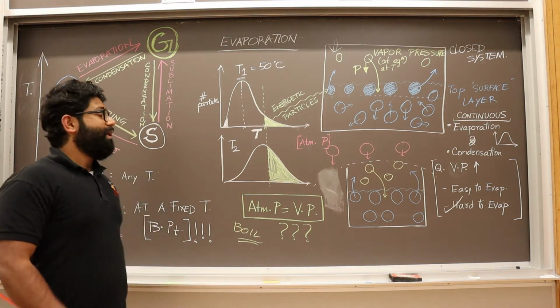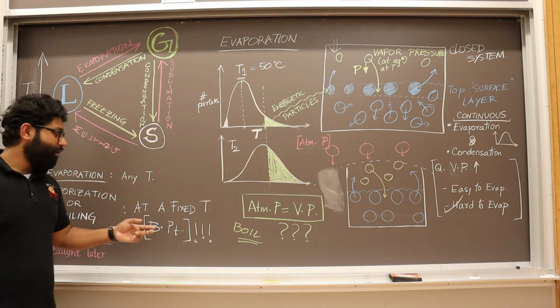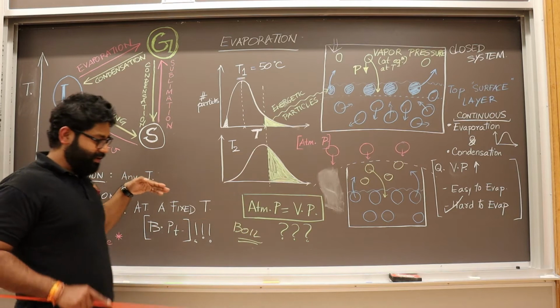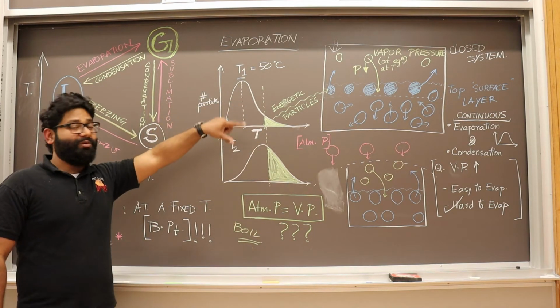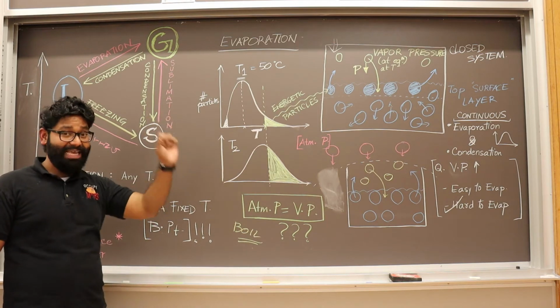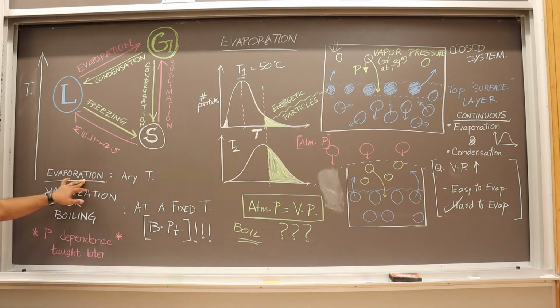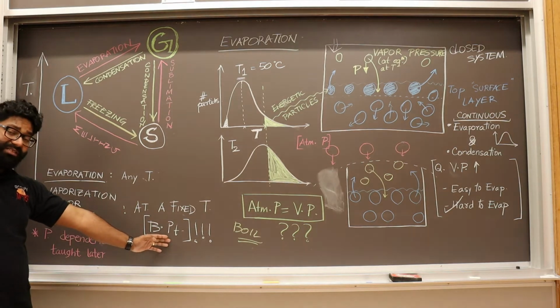At a fixed temperature, when there was boiling or vaporization, as you saw in the heat versus temperature diagram, that was not evaporation, that was boiling, because that was happening at the boiling point, at a fixed temperature. Evaporation happens at any temperature, while boiling or vaporization is at a fixed temperature, which is the boiling point.